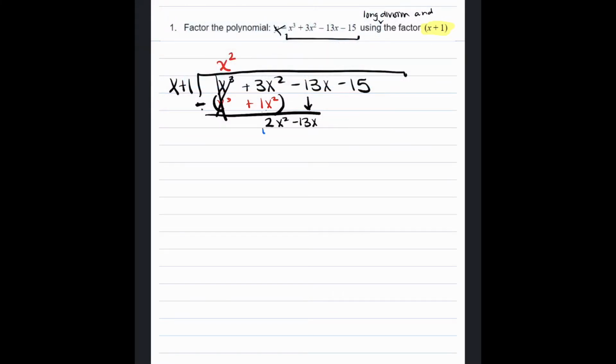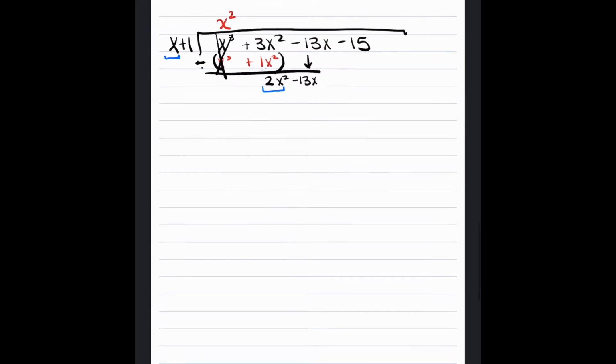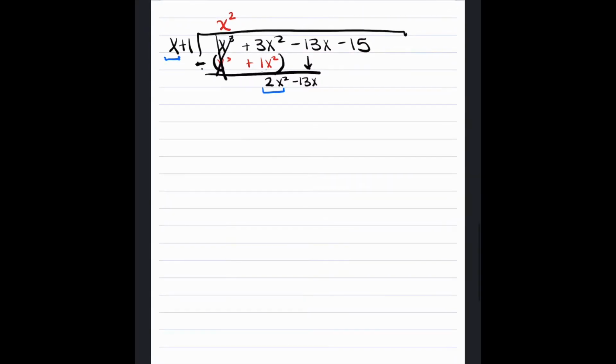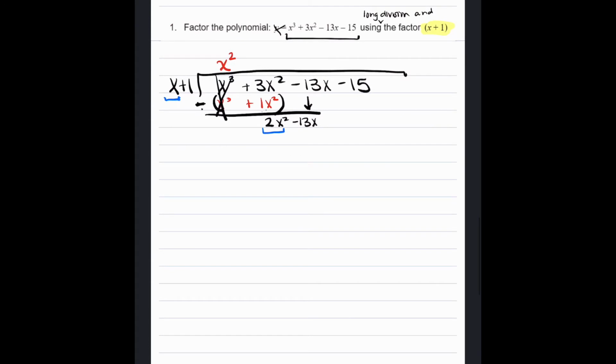Okay, so now I'm looking at the first terms of these ones. So I'm looking at my 2x squared and my x, and I'm basically asking myself, what does x need to multiply by to become 2x squared? So it needs a positive 2 and an x.